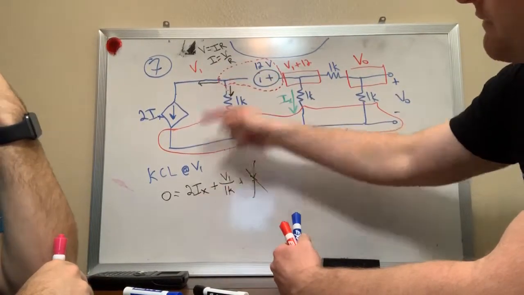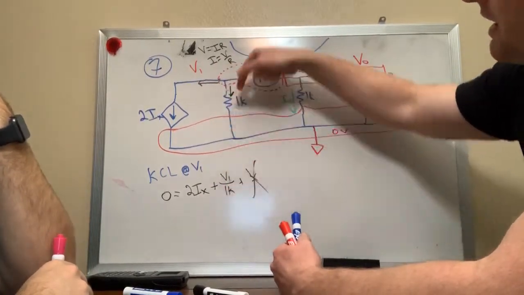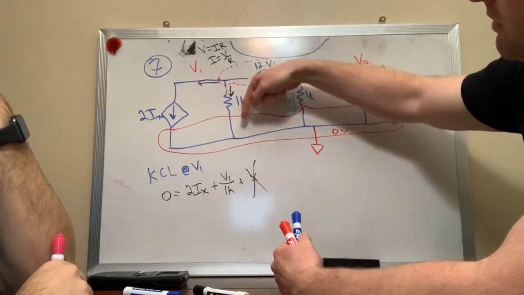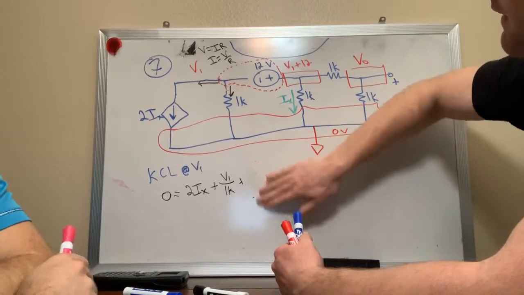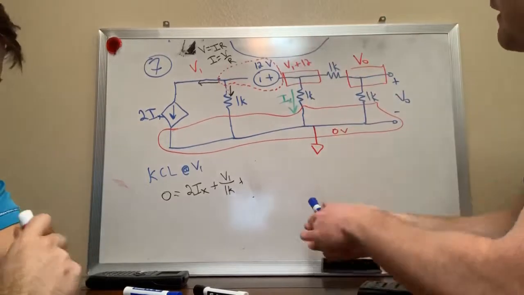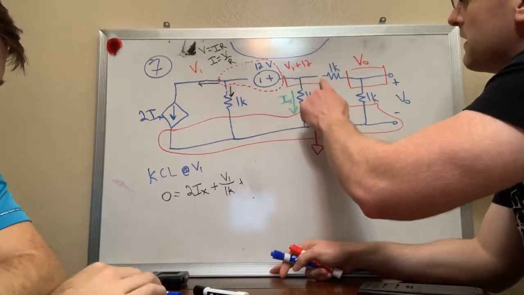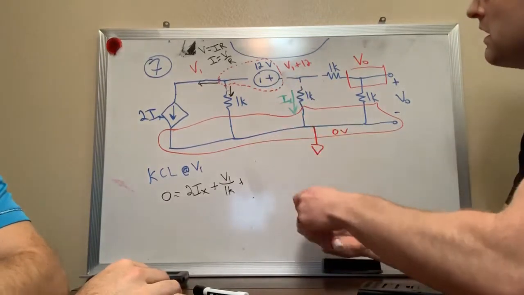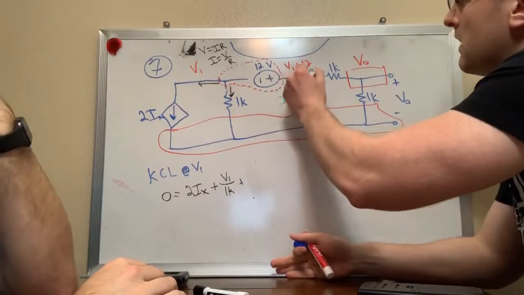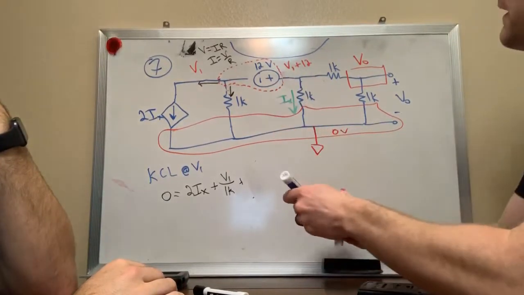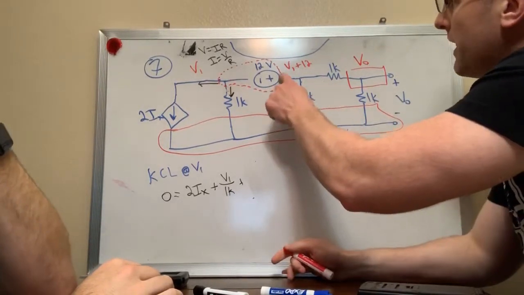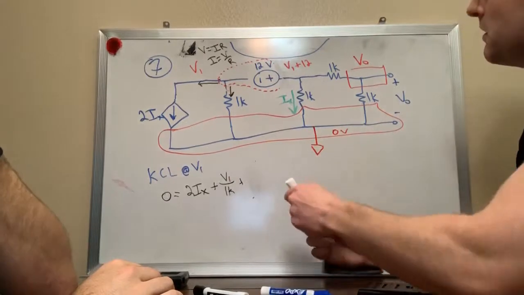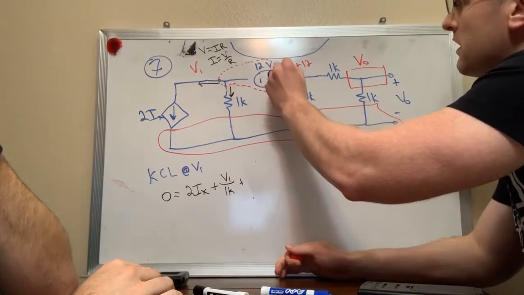So I have that current leaving, which is that term. This current is leaving that node. So I have that term V1 over 1K, right? And then I come over here, and I'll get rid of this box. I come over here, and I'm not quite done yet with this circle. I'm going to draw my circle all the way.